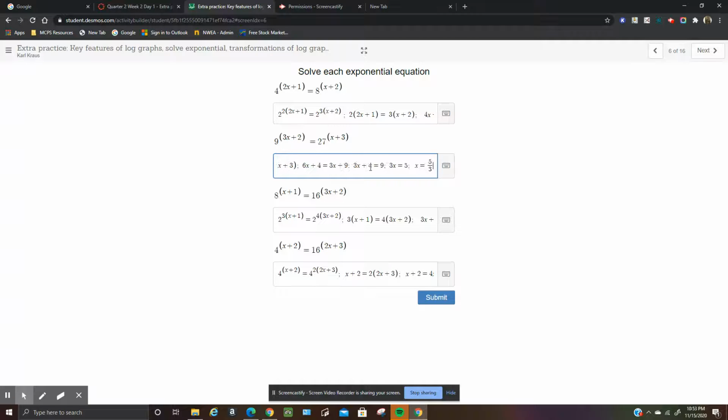Second one, x is 5 thirds. The third one, x is negative 5 ninths. And the last one, x is negative 4 thirds.